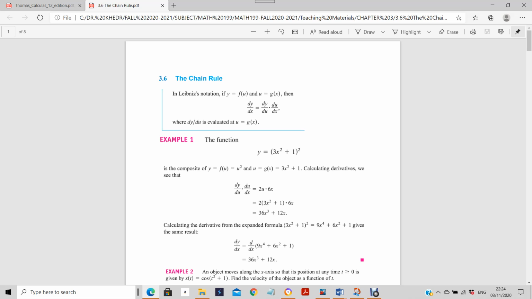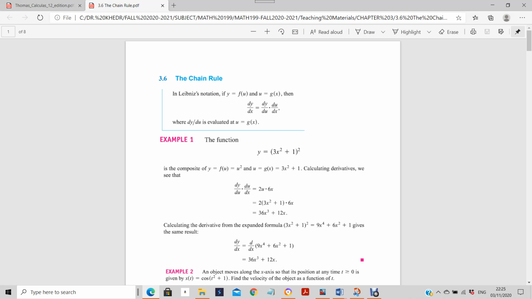So in order to find dy by dx, you have to find dy by du and multiply it by du by dx. So if you differentiate y with respect to u, you will get 2u. And if you differentiate u with respect to x, you will get 6x, just 6x, okay?